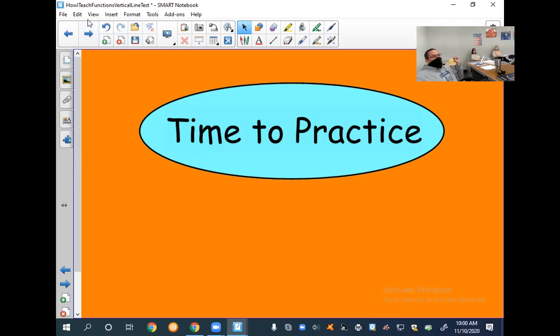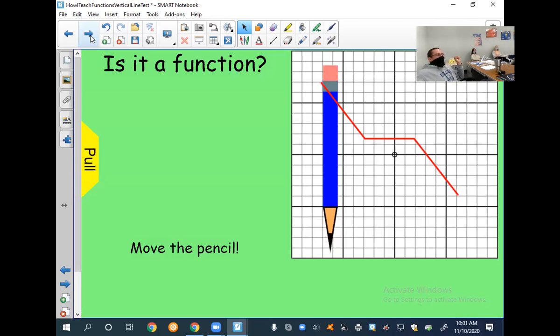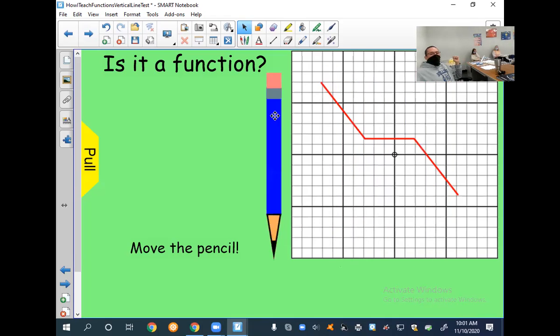Well, when you're looking at that on a graph, for it to be one-to-one, it has to pass not only the vertical line test, but also the horizontal line test. So this is obviously a function. We said it was. If I drew a horizontal line sideways, would it ever pass through a point twice? Yes.